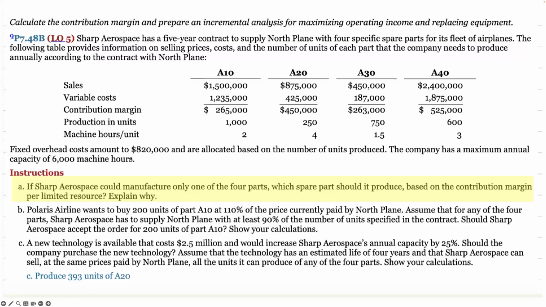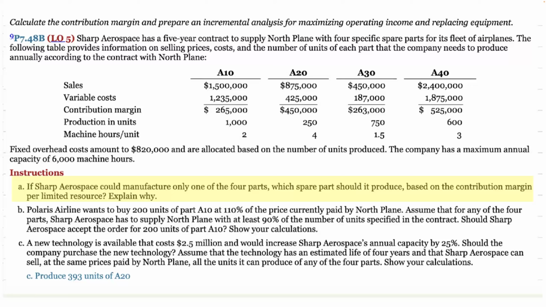Fixed overhead cost is 820,000, and the company has a maximum annual capacity of 6,000 machine hours, right? So this is their constraint, right? The machine hours is their constraint because the maximum capacity right now is 6,000 machine hours.